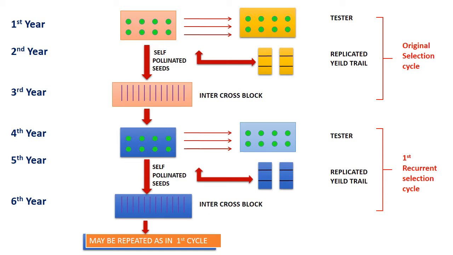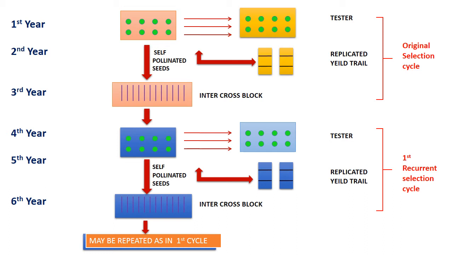In the third year, the selfed seeds of the better performed crosses in the replicated yield trial are selected and intercrossed in all combinations. This completes one cycle of selection, and this will be repeated for accumulation of desirable characters.